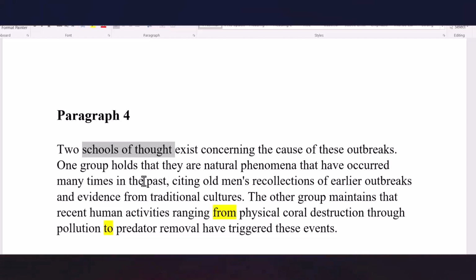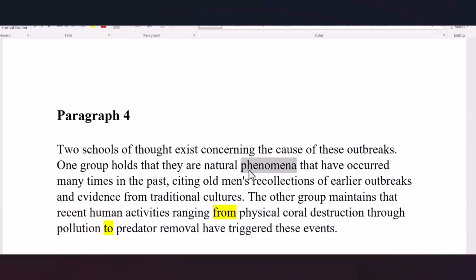When you have an idea or a belief, and the knowledge and information revolving around that idea or belief is called the school of thought. So you can use this noun phrase, school of thought, in similar situations for other ideas and beliefs.